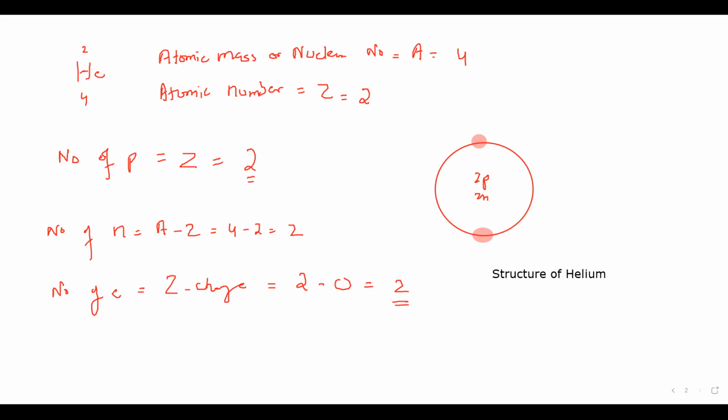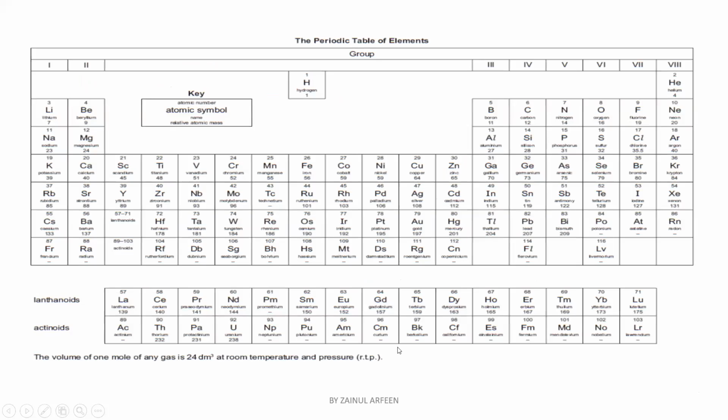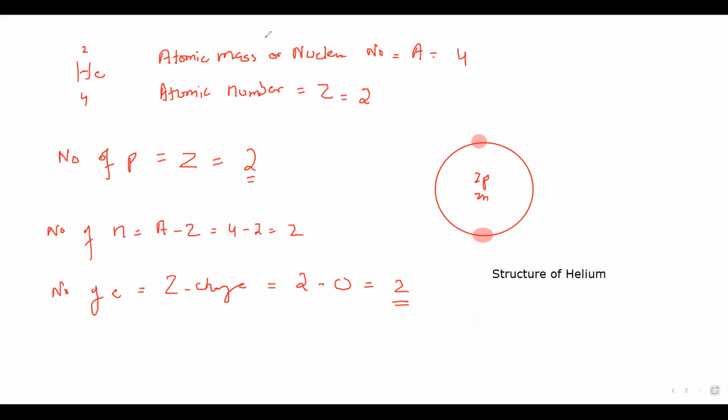Then the third element in the periodic table, which one is the third element? As you can see in the periodic table, the element with proton number or atomic number 3 is lithium. For lithium, it is written 3 and 7.